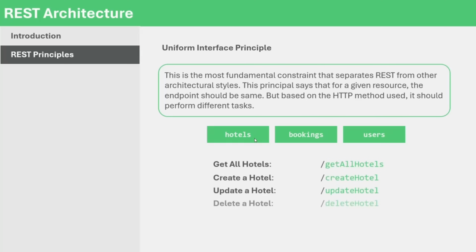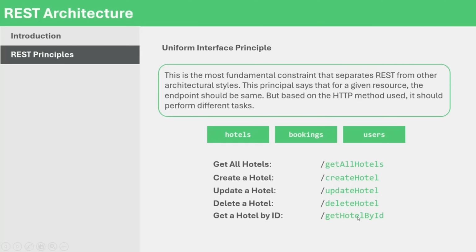In order to do that, I have to create endpoints like get all hotels to get all the hotels, create hotel in order to create a new hotel, update hotel to update an existing hotel, delete hotel to delete an existing hotel. And if I want to get a hotel object by its ID, for that I will have to create another endpoint called get hotel by ID. So these are the endpoints the web API is exposing to perform different tasks.